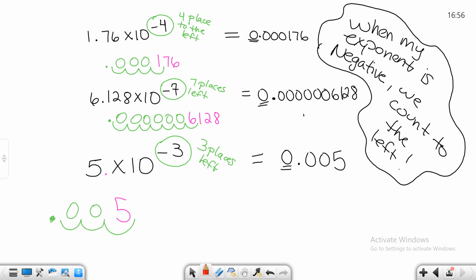And make sure you remember that your exponent tells you places, not zeros. This is not 4 zeros, this is not 7 zeros. We're not counting zeros. This was 3. This is not 3 zeros.